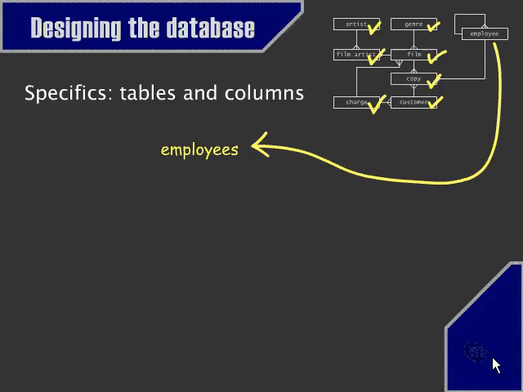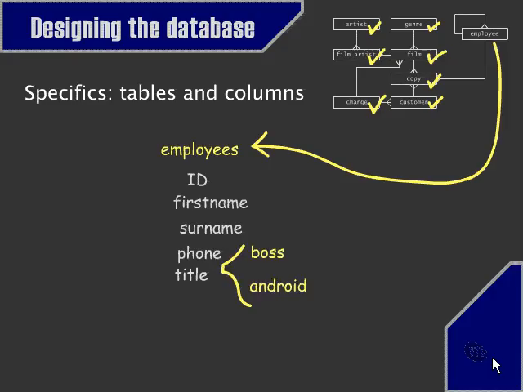Here's employees. Here's our ID column, again a primary key. Some personal information about the employees. And a title column. This title indicates whether they are a boss or an employee.